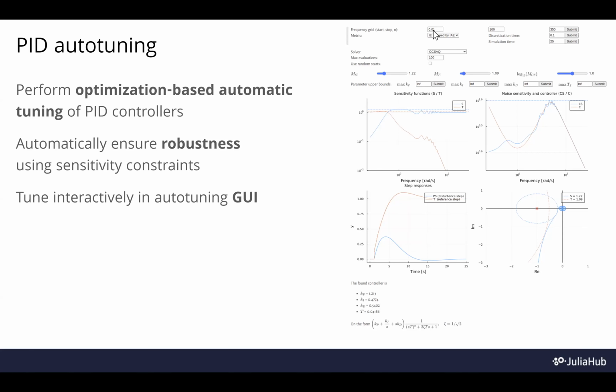So choose a desired frequency, choose certain parameters of the controller, and then you can start tuning this PID controller interactively in this GUI, and then look at whether you're able to satisfy your requirements, which is quite nice. So for some very common workflows, we have these apps set up, but for somewhat less common or more custom workflows, we have a robust set of tools that you can build on top of.